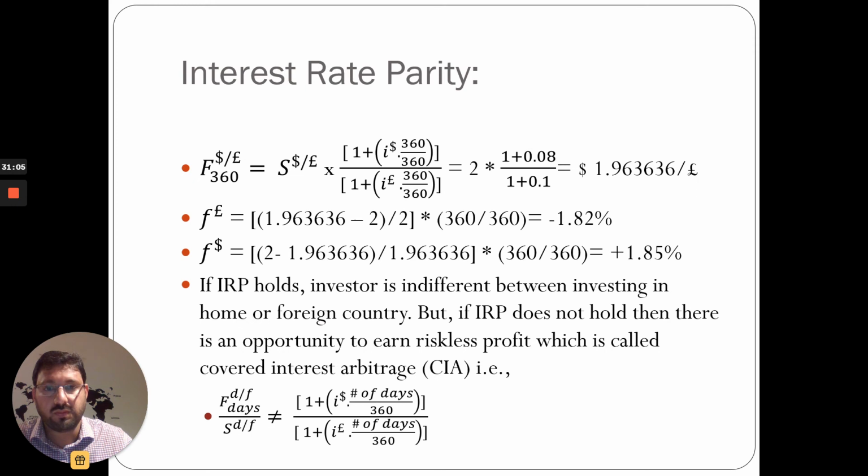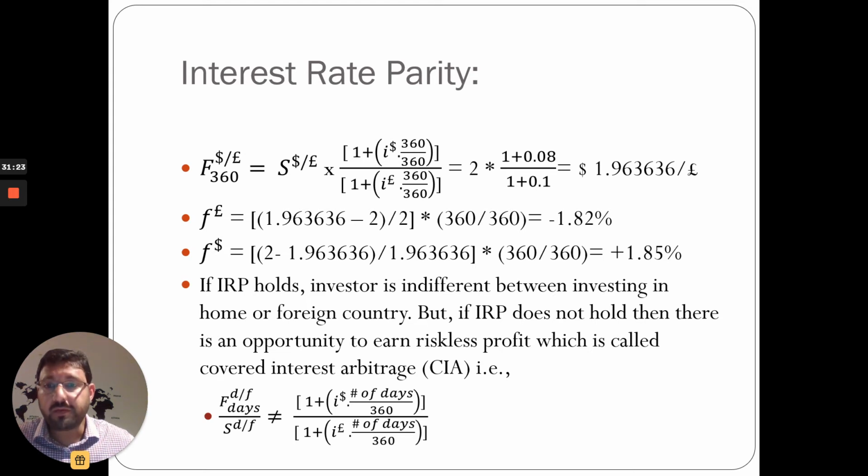And this is what we have seen over here. So if you see approximately 1.82, which is around 2%, the pound is depreciated and the US dollar is appreciated approximately by 2%, to be exact 1.85%.